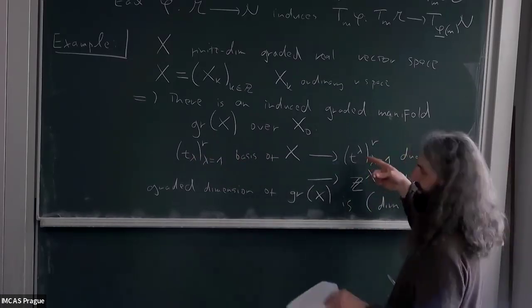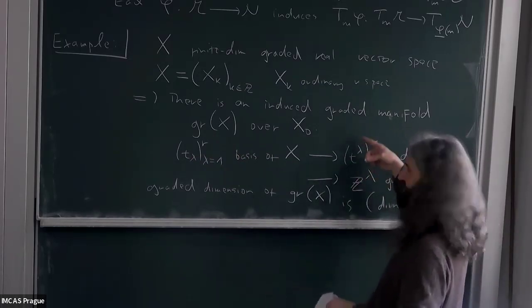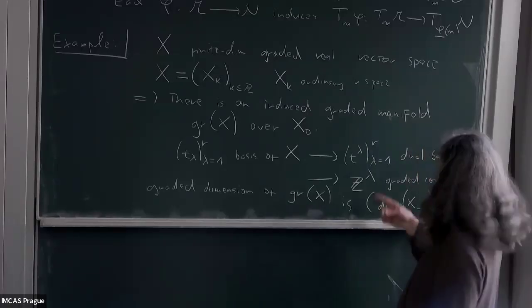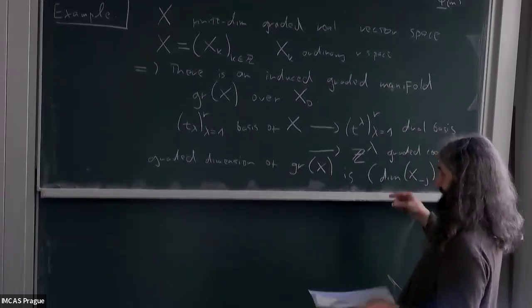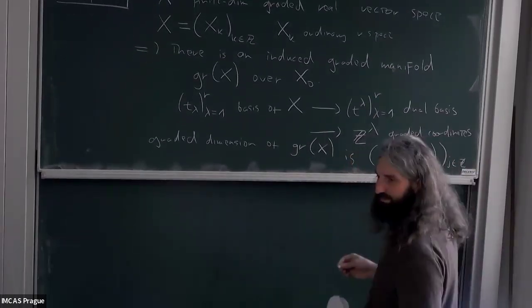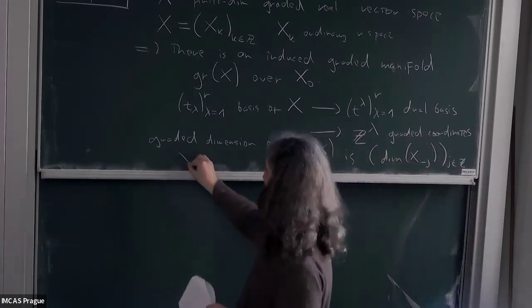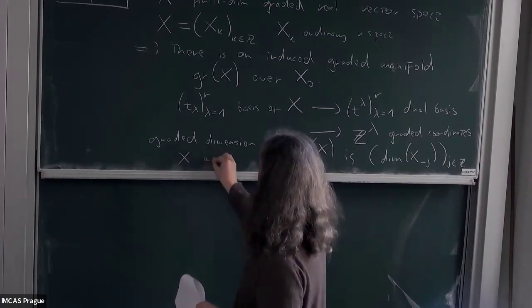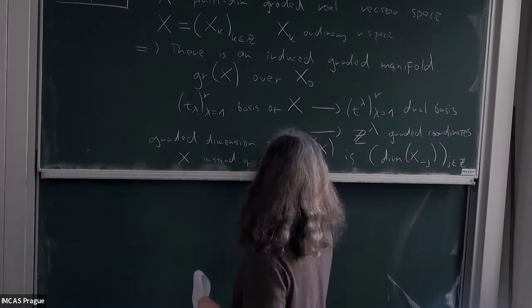Because it has to give degree minus d under the map lambda. So this interchanges degree. As for ordinary vector spaces, we usually just write X instead of GR X. So we usually just write X instead of GR X.